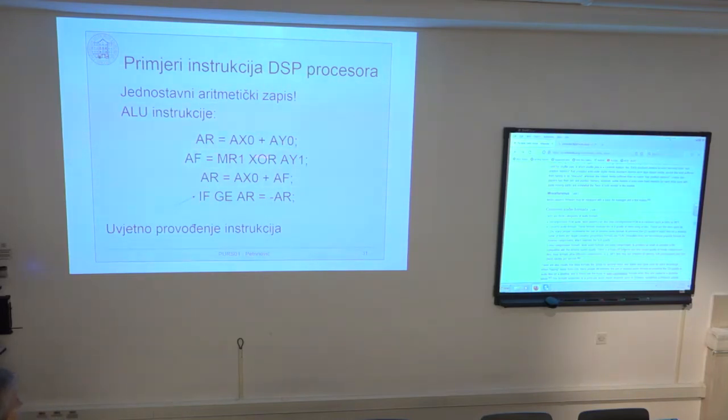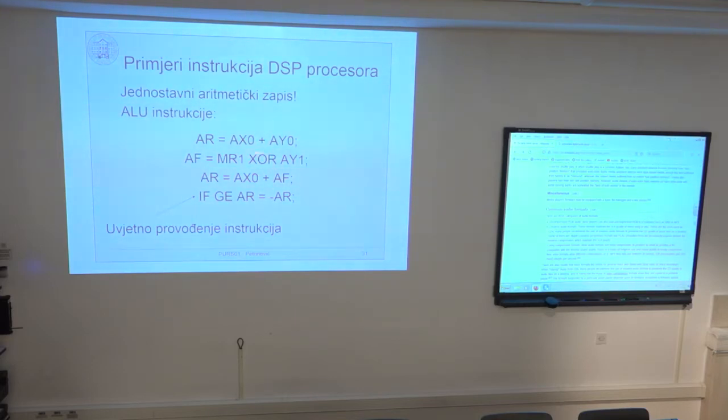So the actual assembly code would be AR is equal to AX0 plus AY0. The second example shows the activation of this result for the left branch, result register. This MR1 is the result register, the middle register of MEC unit. We'll show how this MEC unit looks like later on. So this is 16-bit wide middle register of MEC unit.